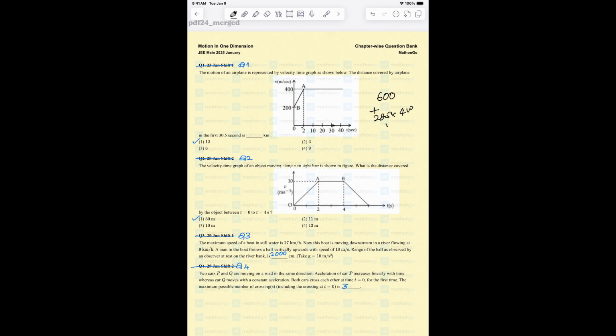Therefore 30 into 400 minus 1.5 into 400. 30 into 400 is equal to 12,000, minus 1.5 into 400 is 600 subtracted. The 600 added and 600 subtracted cancel over, therefore 12,000. So the answer is 12 kilometers. Understood how it is done? Good.